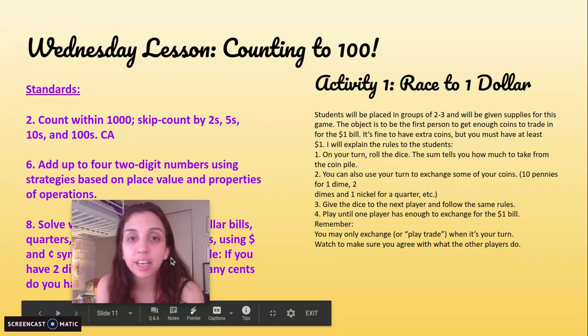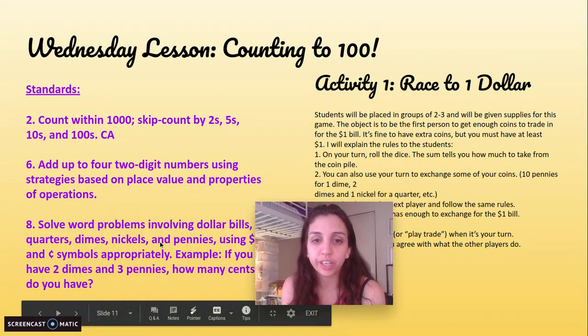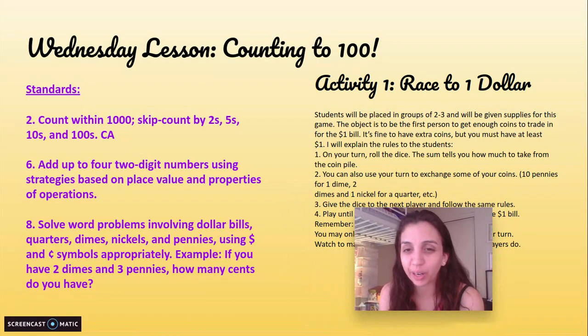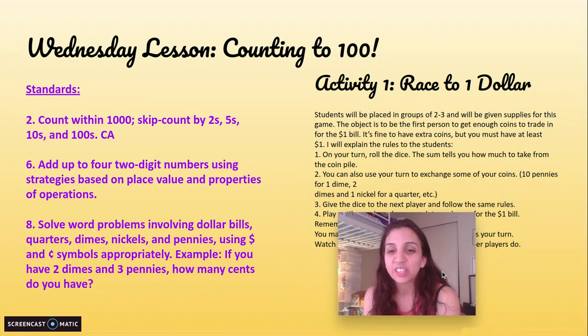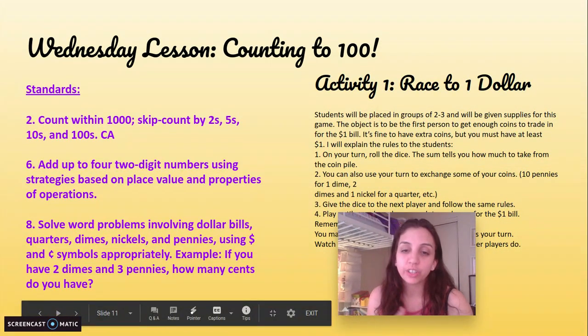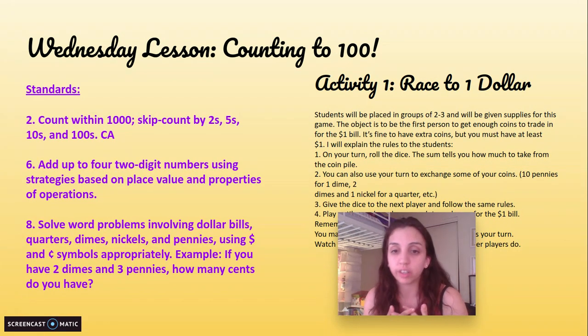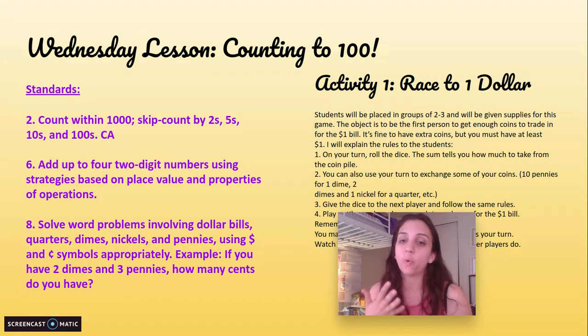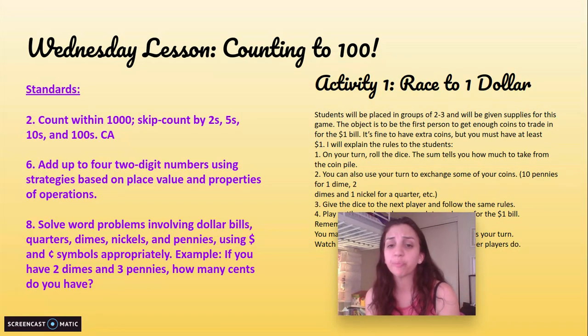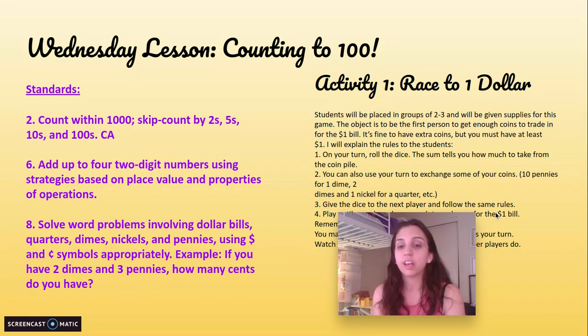So this lesson is on counting to 100, to $1, I'm sorry. After a big discussion on $1, we go over different combinations, how to get $1. We use the same coin, and how many of each of the same coin do we need to get $1.